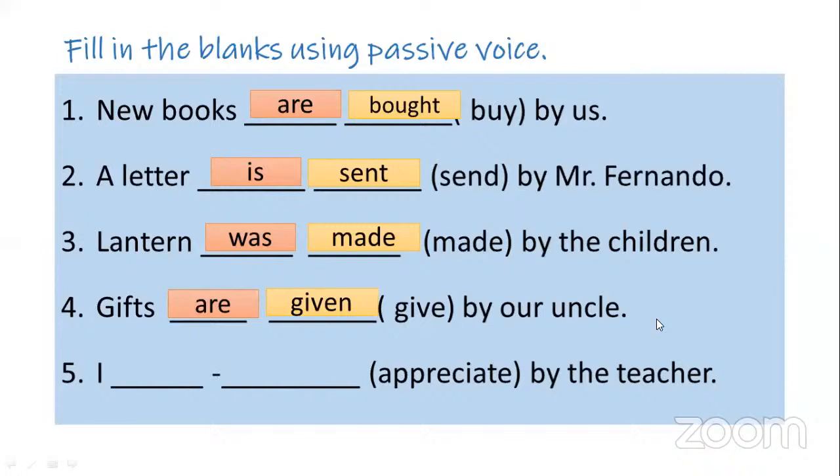I blank appreciate by the teacher. I is the subject here. So we have to select a helping verb from am, is, are because appreciate is a present tense verb. With I we use am here.